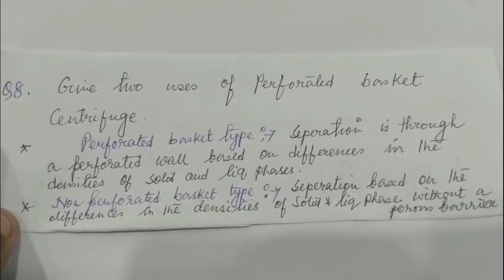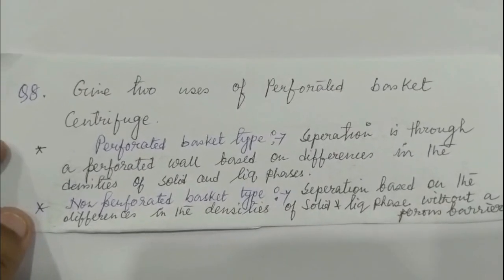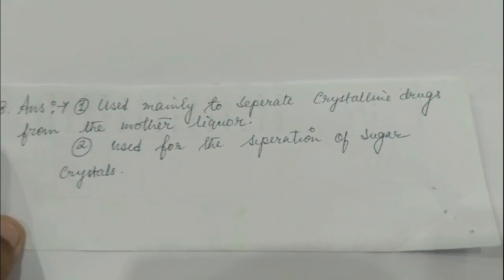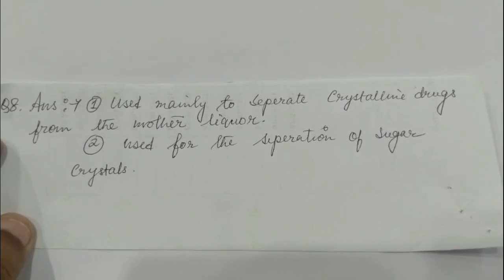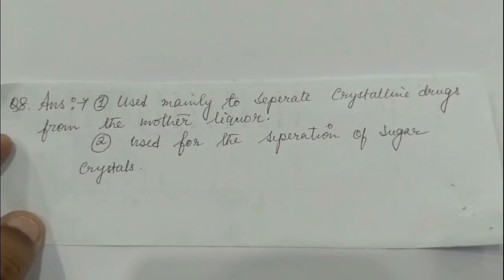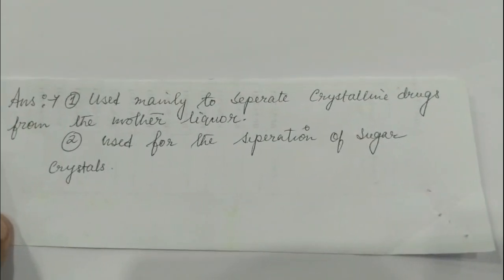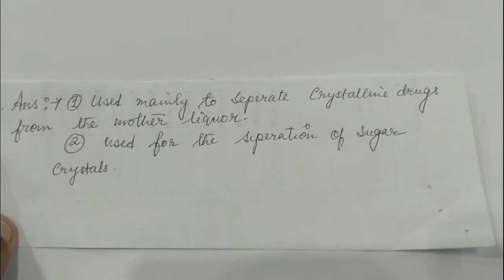Question comes, give two uses of perforated basket centrifuge. It is used mainly to separate crystalline drugs from the mother liquor, and it is used for the separation of sugar crystals.